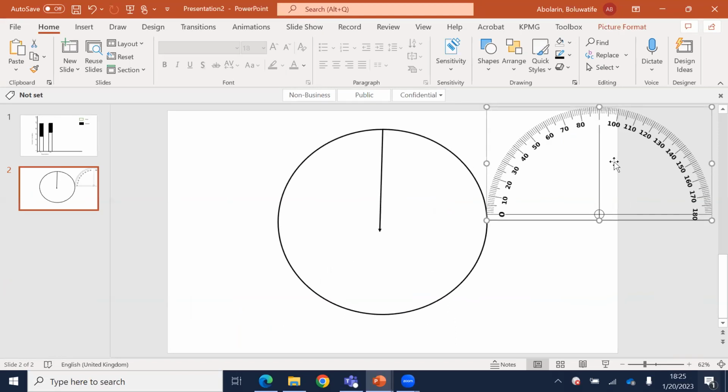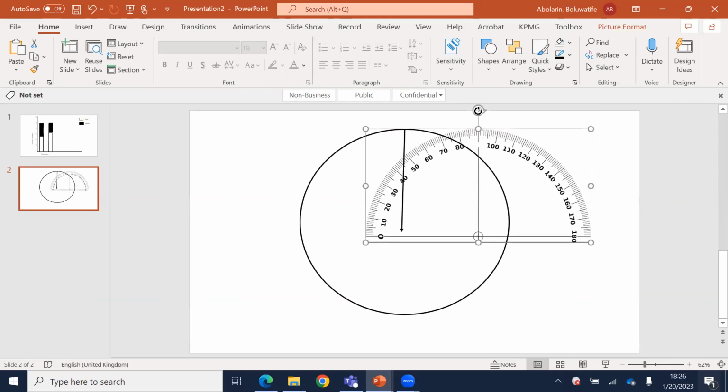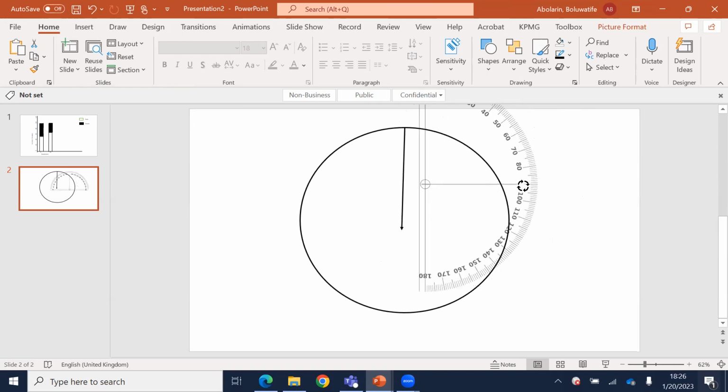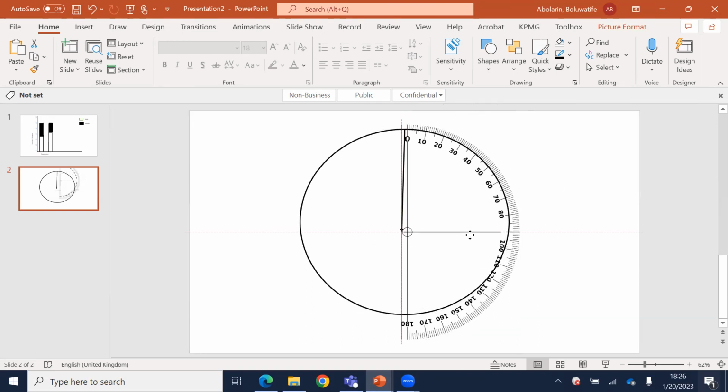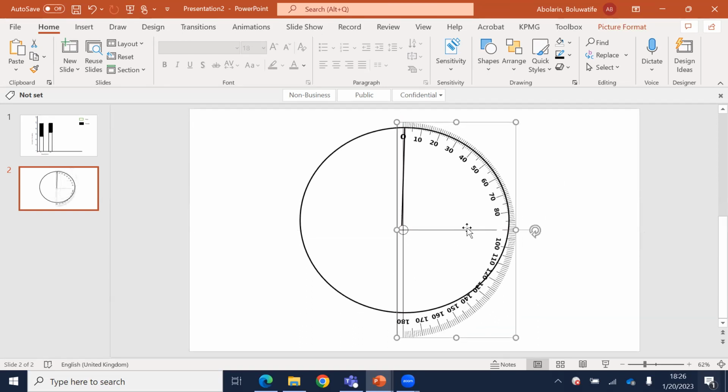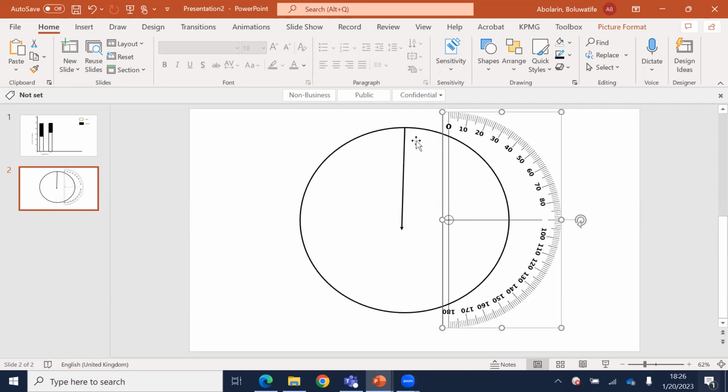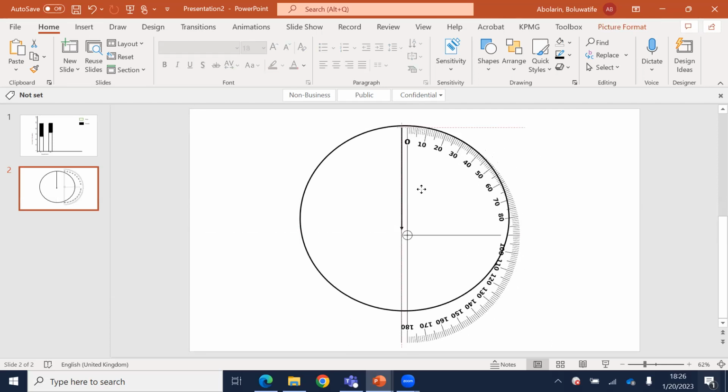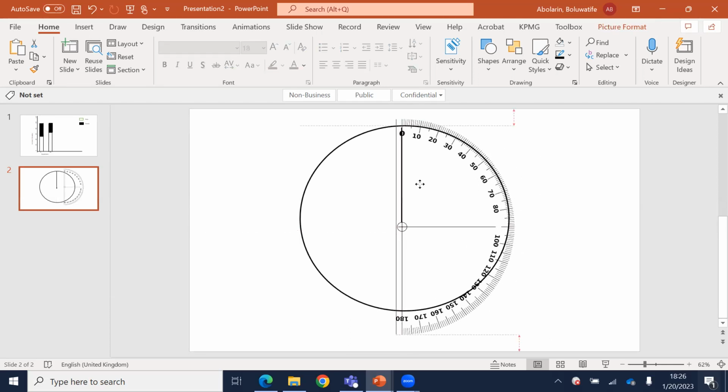So you are going to place your protractor. I'm going to place it here in the middle. It means that my line is not straight. Exactly. So you're going to place it here in the middle. This is the middle. So you're going to look for where 108 is.